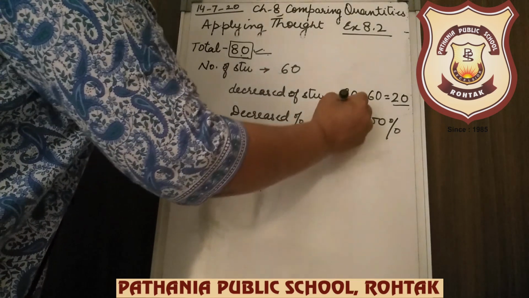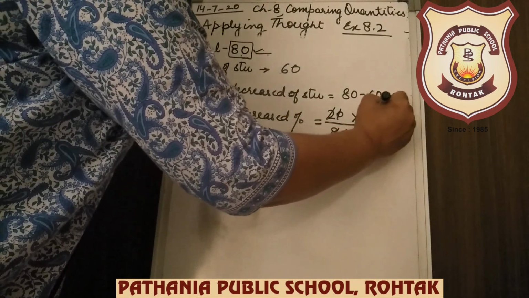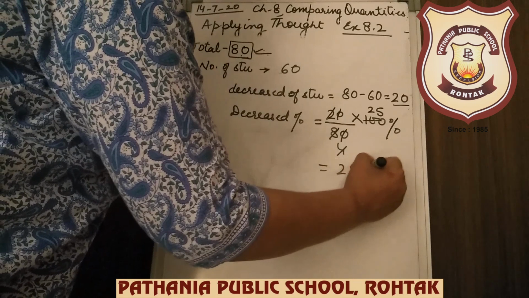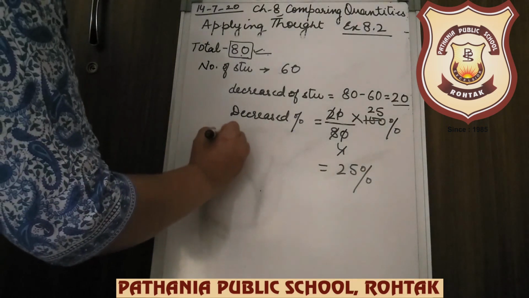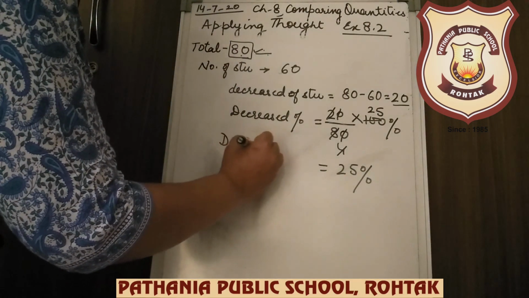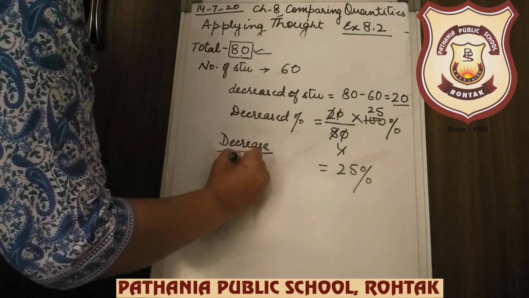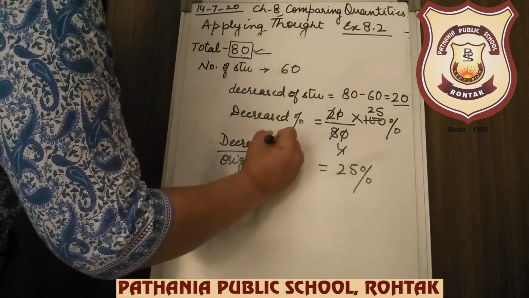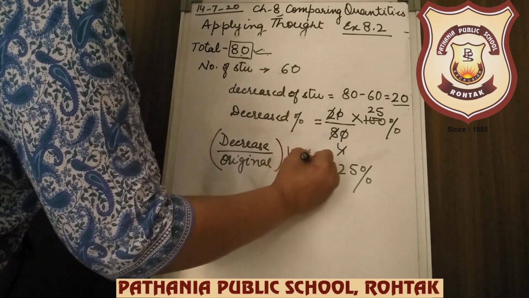That will come over here. So the number has decreased by 25%. Is this clear? So decrease upon original, which was with you earlier, will be the fraction and multiply this with 100%.